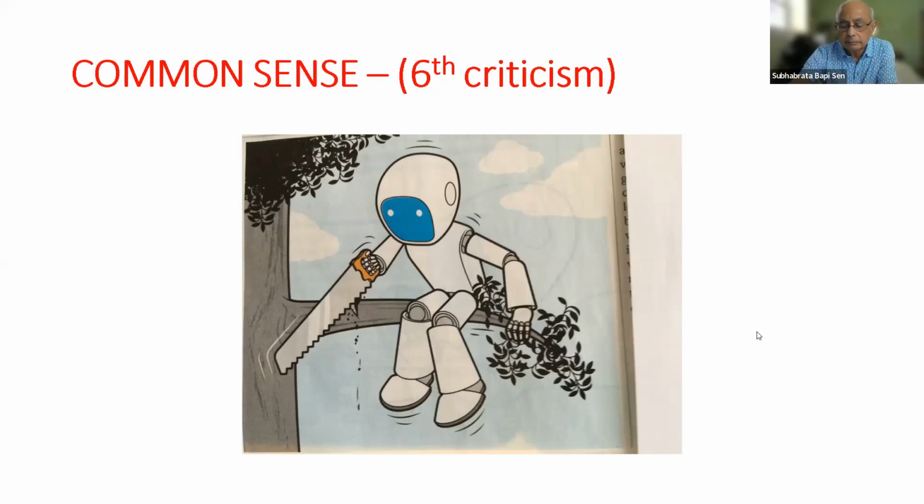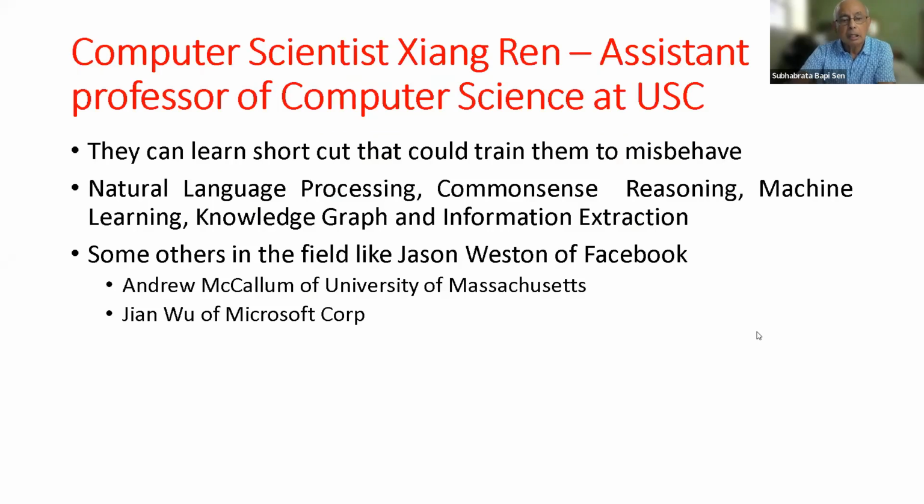There are some computer scientists, assistant professors of computer science at USC, who say systems can learn shortcuts that could train them to misbehave. Natural language processing, common sense reasoning, machine learning, knowledge graph, information extraction are there, but not doing the job they are supposed to do.